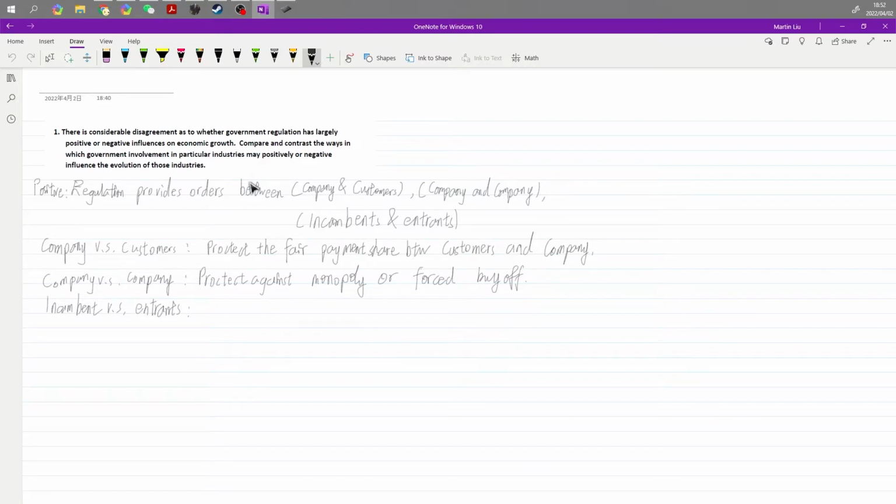What's happening here is that the government doesn't want too much disturbance in the market, so it can keep the market running as smoothly as it was. I mean, some entrants, if they are strong enough, can still enter the market, break some space for themselves, and survive.